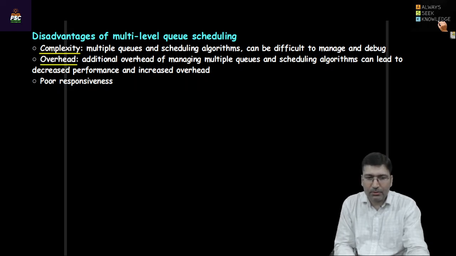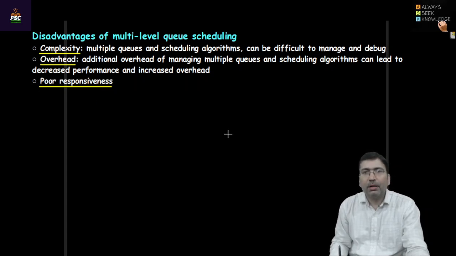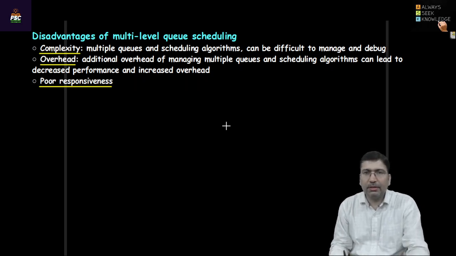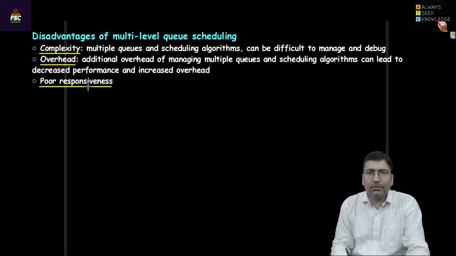There will be overhead also. Additional overhead of managing multiple queues will be there, and the scheduling algorithm can lead to decreased performance and increased overhead. That is obvious also. And then poor responsiveness may be there.